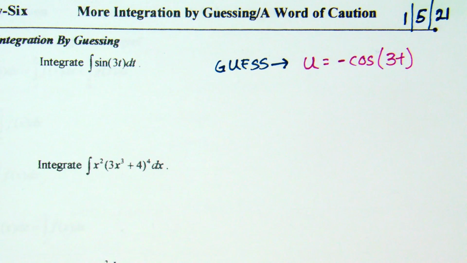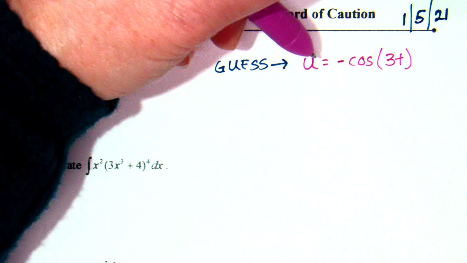When I talk about the derivative of u, we're going to do this using differentials. So the derivative of u, I'm just going to say is du. What's the derivative of negative cosine of 3t? Sine of 3t.